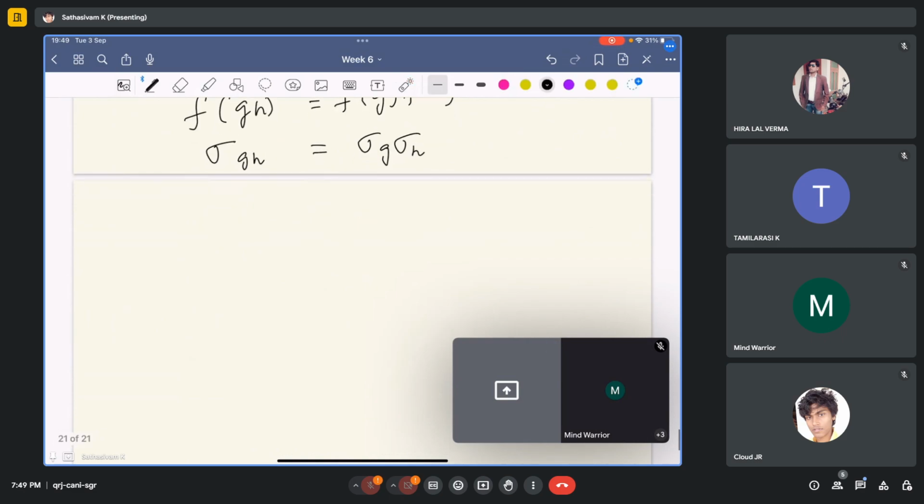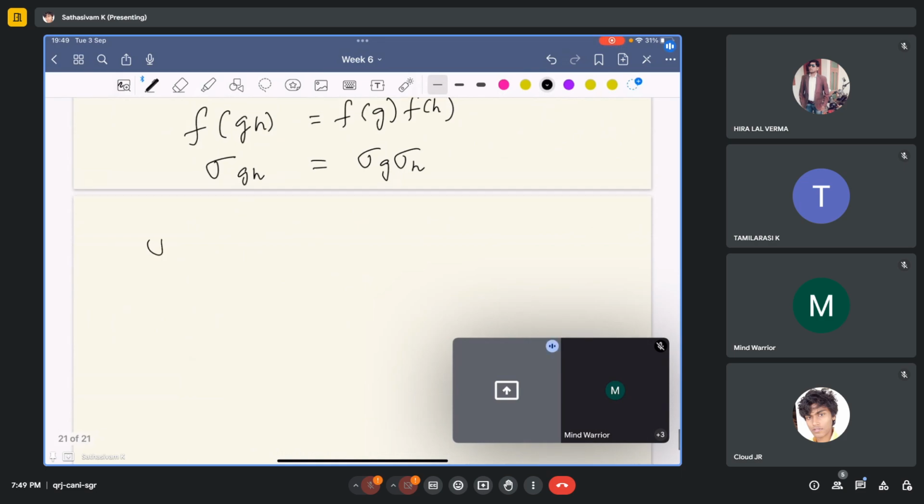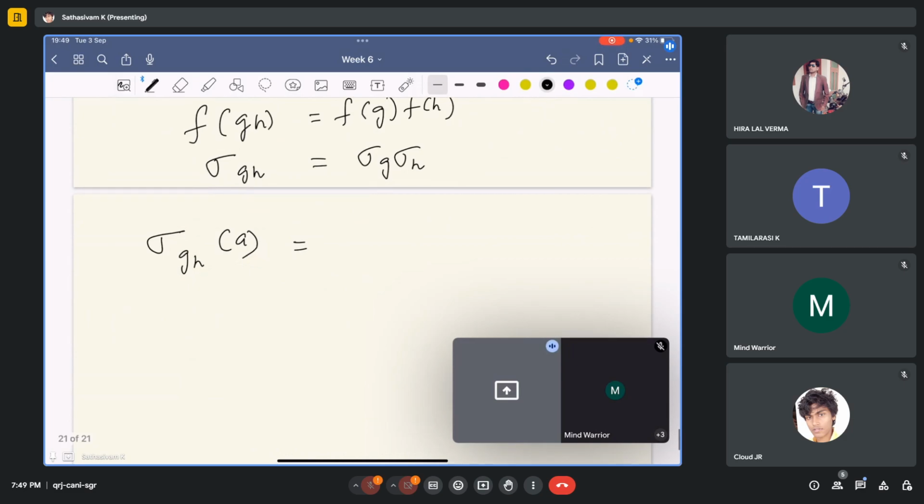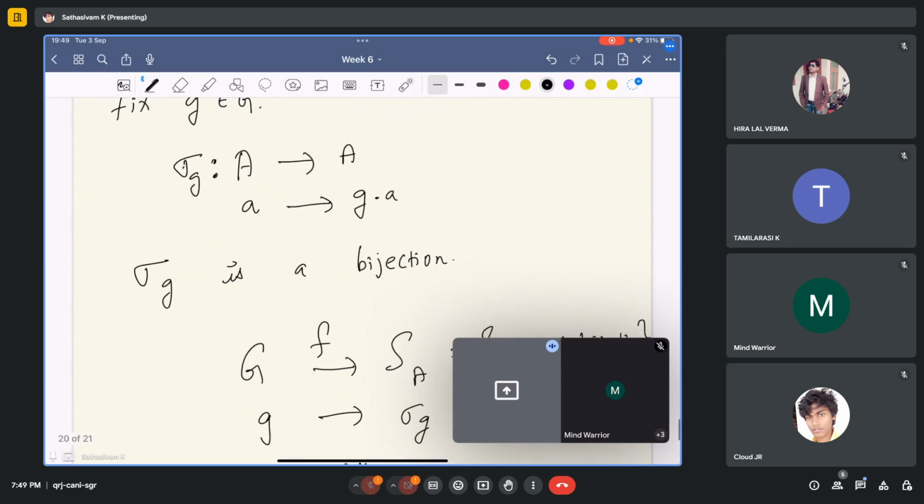So what you want to prove is that you take sigma gh and apply it onto a, and you have to say it is equal to applying sigma g, sigma h to a. So what is sigma gh of a? This one I can multiply, I just have to put it in the front.